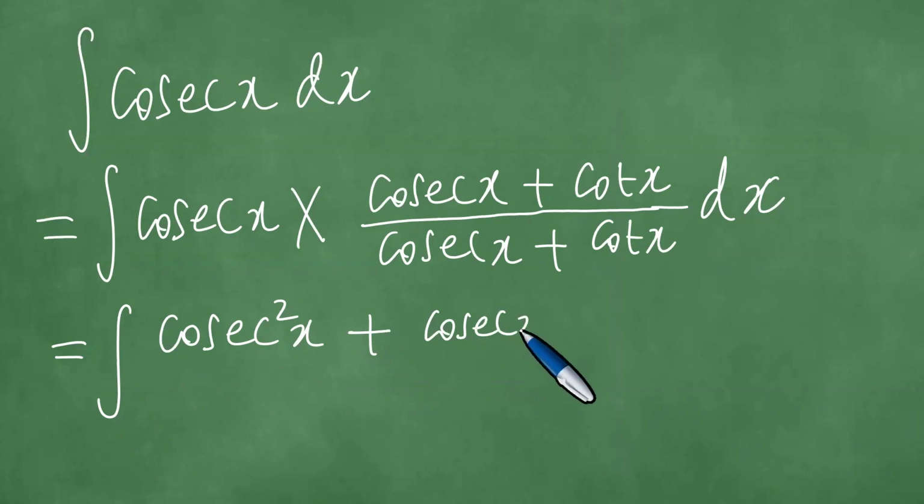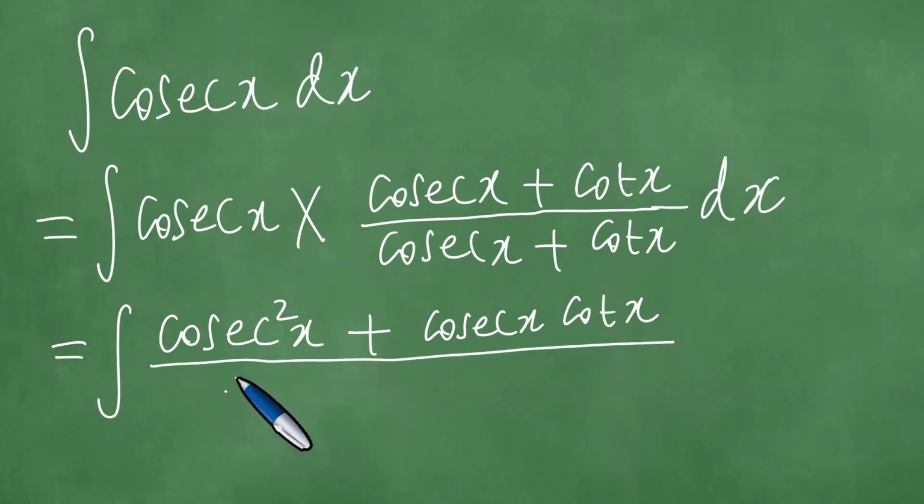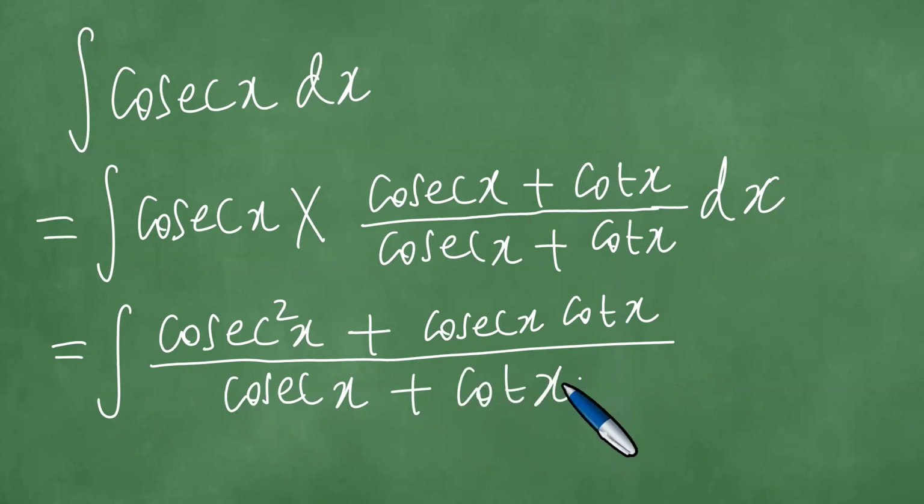So now when you multiply, you have cosecant squared x plus cosecant x, the cotangent of x, divided by cosecant of x plus cotangent of x with respect to x, like so. Right.